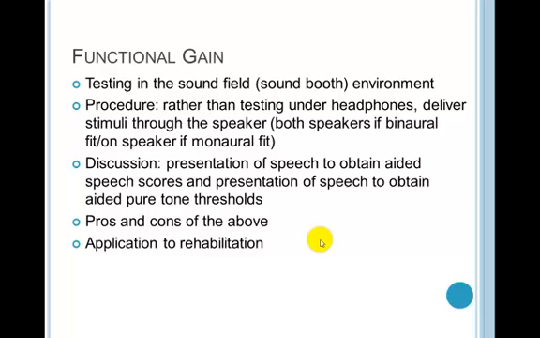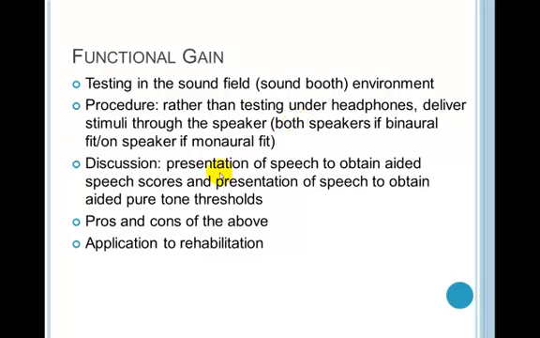We're going to position the patient approximately in the center of the room, with one speaker 90 degrees to their right and one to their left. We use both speakers if it's a binaural fit, or one speaker if it's a monaural fit with one hearing aid. So now we're sending the stimuli through the speaker and retesting the patient, but this time with their hearing aids on.